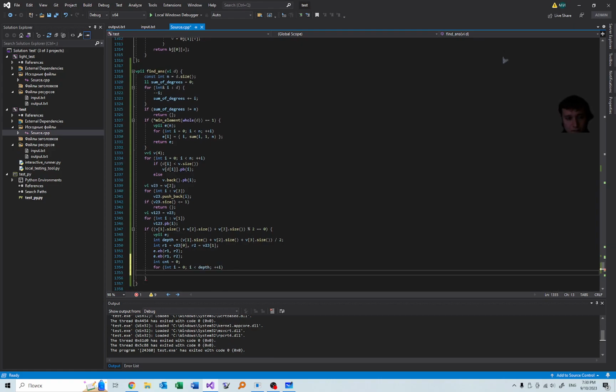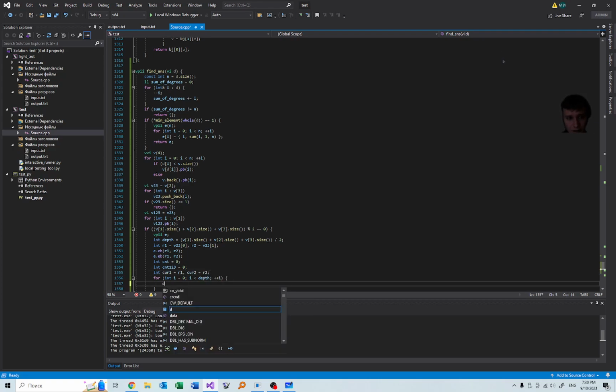Here I say that I need to work with the vertex number, actually the current vertex. So first of all, I say that it should have this number of children.